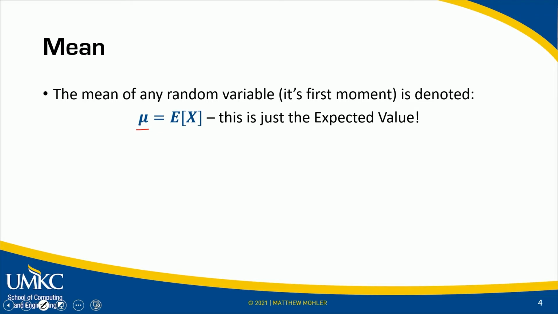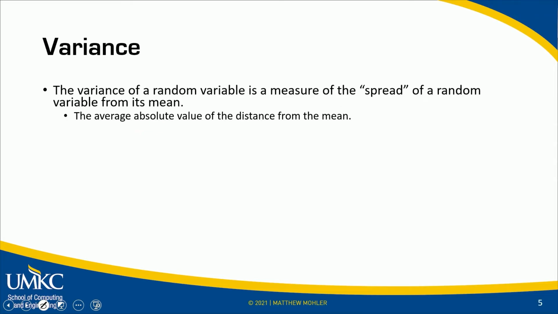Pretty straightforward. The variance of a random variable gets a little bit more complicated, and it's ultimately a measure of how spread out a random variable is from its mean. So if we look at some quick examples here, let's say that we have a general PMF, and that PMF has a graph that looks something like this.